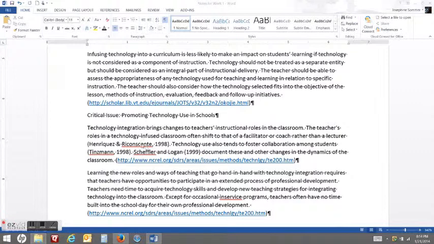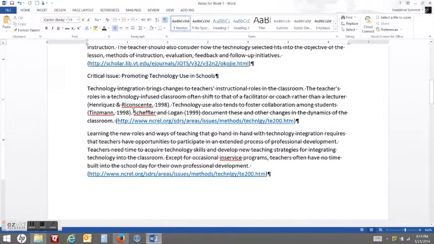Okay, let me see. Here's a critical issue, promoting technology use in schools. It changes teachers' instructional roles in the classroom, a shift to facilitator or coach rather than lecturer.